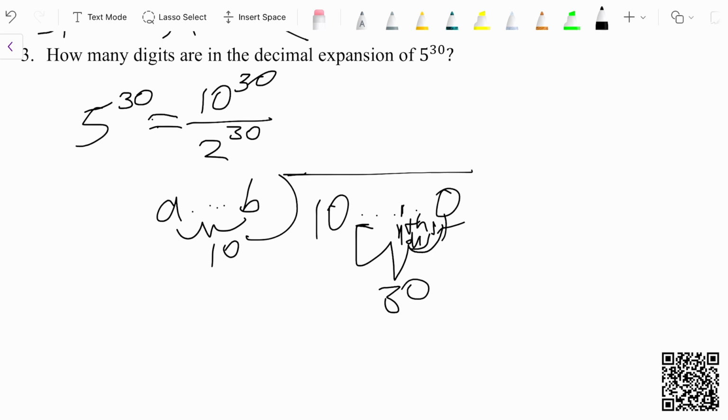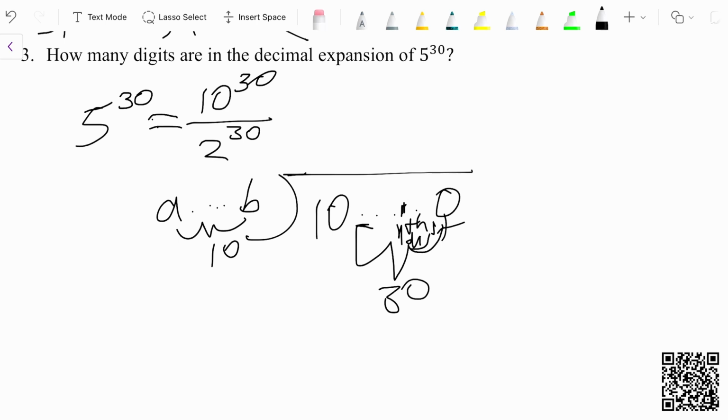That's going to end up with a decimal that is less than 1, and 5 to the power of 30th is not less than 1. So we're going to have to start at a number that is greater than this number, or else we're not going to be able to divide it and get a whole number that's also big, like 5 to the power of 30th.